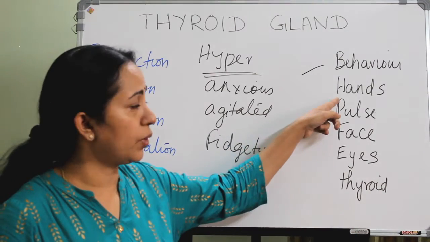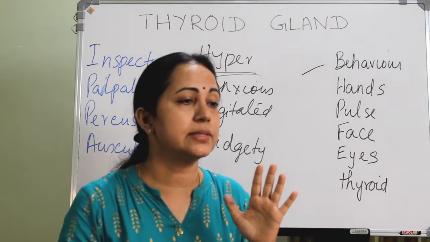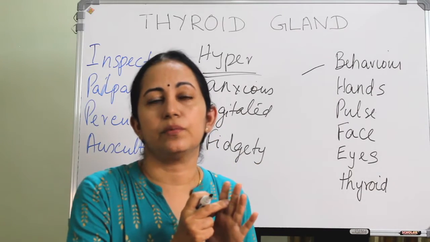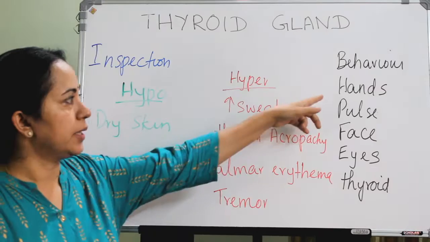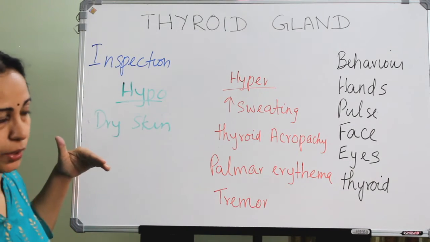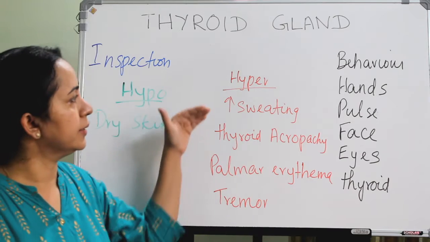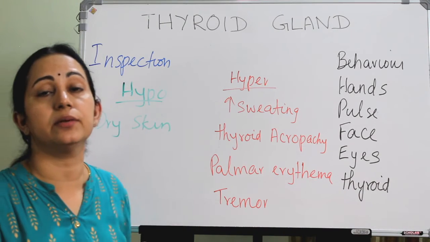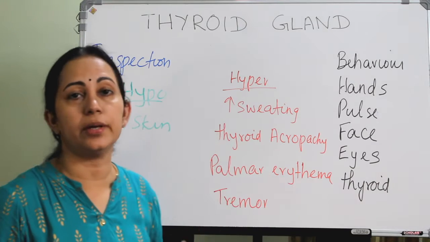And then what in the hands? Look at the hands of the patient. If there is dry skin, it is always towards hypothyroidism. So in the hands, it can be either dry skin, which is characteristic of hypothyroidism, and on the other side, in hyperthyroidism, there will be increased sweating of the hands, or there will be thyroid acropachy.